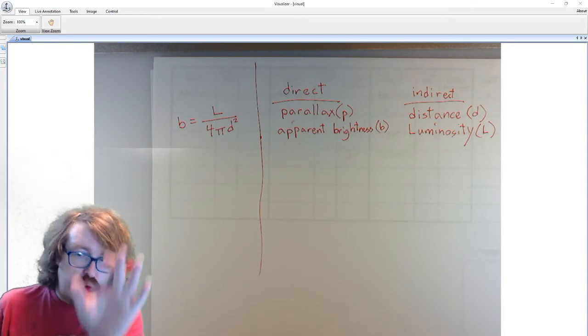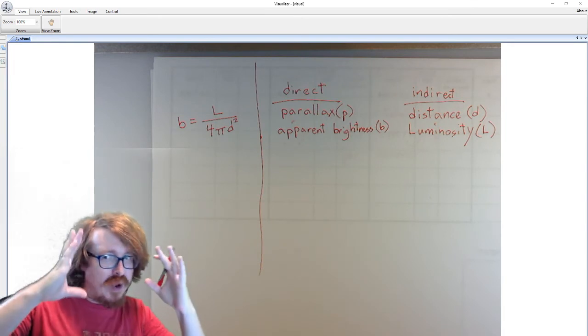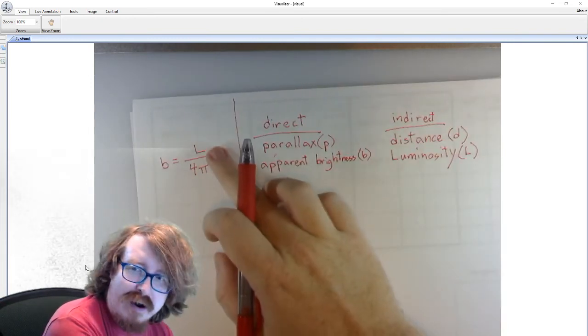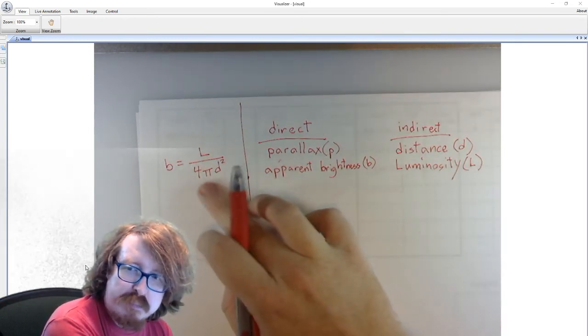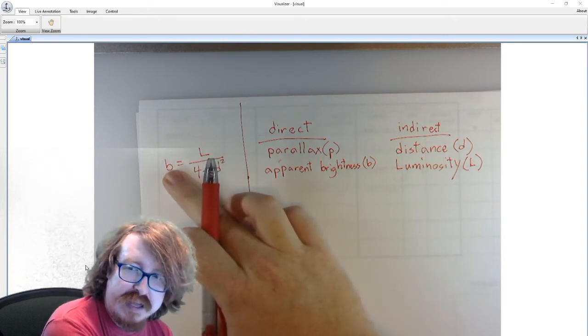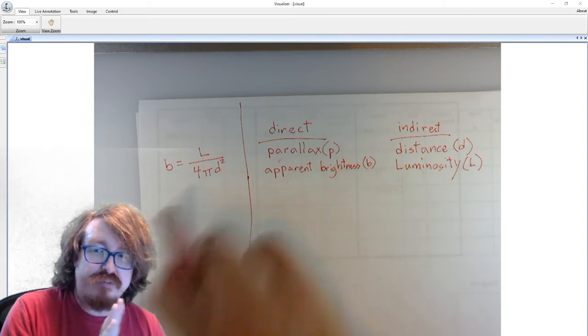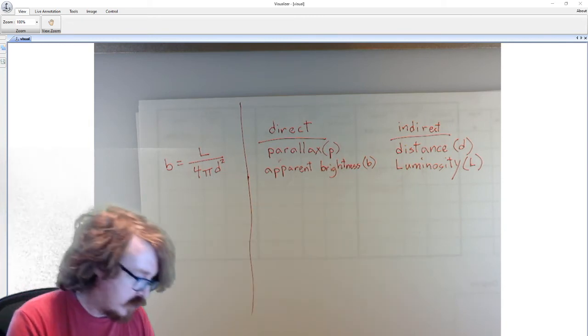So what I'm going to do, don't freak out, I'm going to do some quick algebra here. Check it out. If we solve this for L, I would do that by taking this bottom part and multiplying it over to the other side. Remember, you're not going to have to do algebra. This is just for us for now, okay? So check this out.